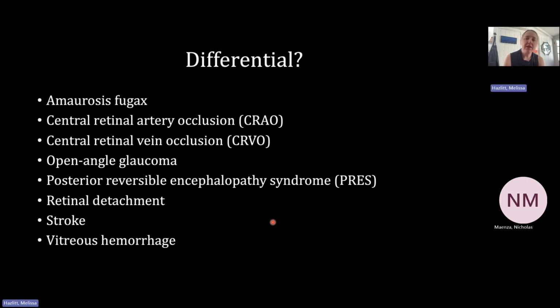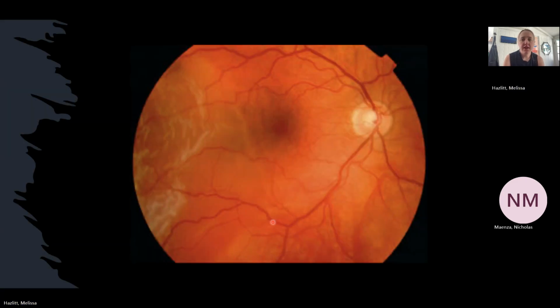And then if it's painful, there's fewer things, but always just keeping your mind open to temporal arteritis, optic neuritis, and ischemic optic neuropathies.